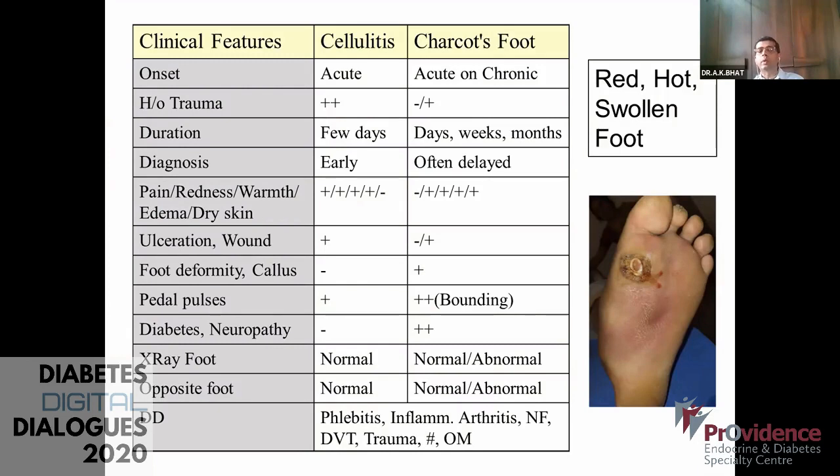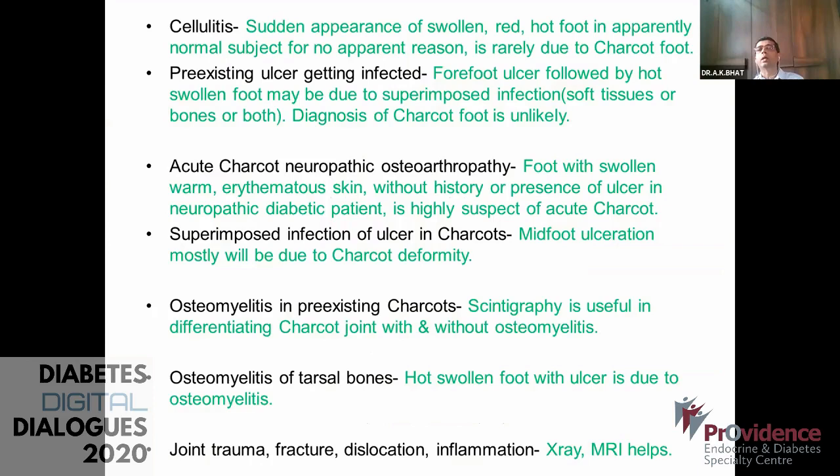And these are important aspects of Charcot's foot, which classically reveal that in an apparently normal foot, in a normal subject, if he has redness, then it is unlikely to be Charcot's. If there is a pre-existing ulcer in a normal patient with an ulcer in the forefoot region, that is also unlikely to be Charcot's. When you suspect Charcot's, usually it is a midfoot ulceration, and a history of neuropathy with or without an ulcer is more in favor of Charcot's.